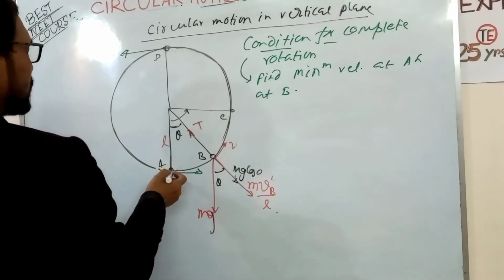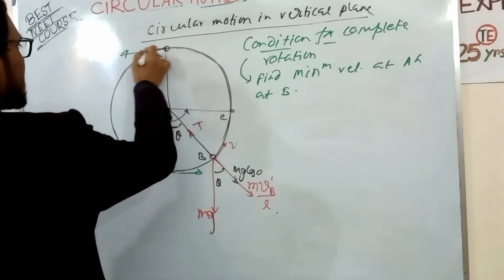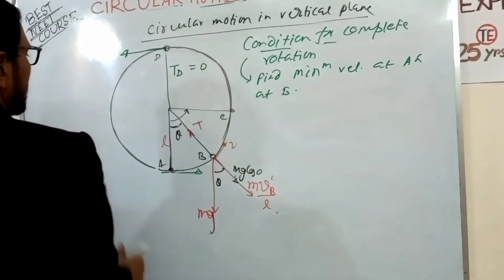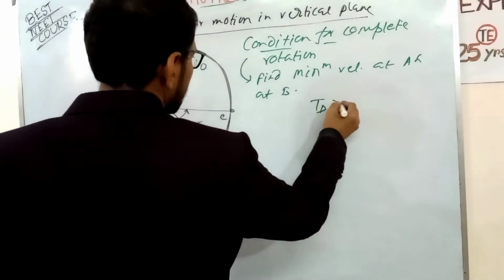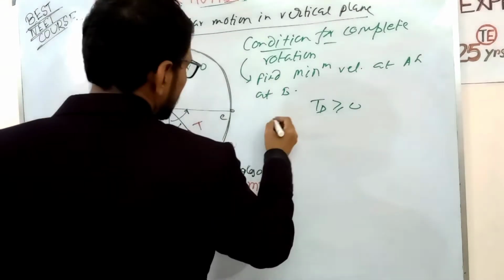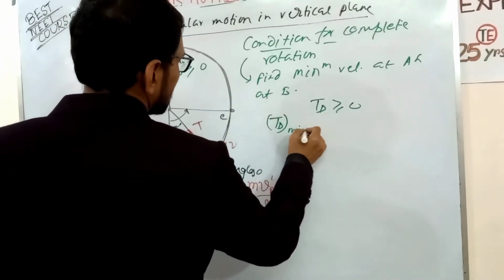So for complete rotation, the particle reaches the point D, and the tension is 0. The tension should be greater than or equal to 0 for complete rotation, and for minimum, TD minimum must be 0.